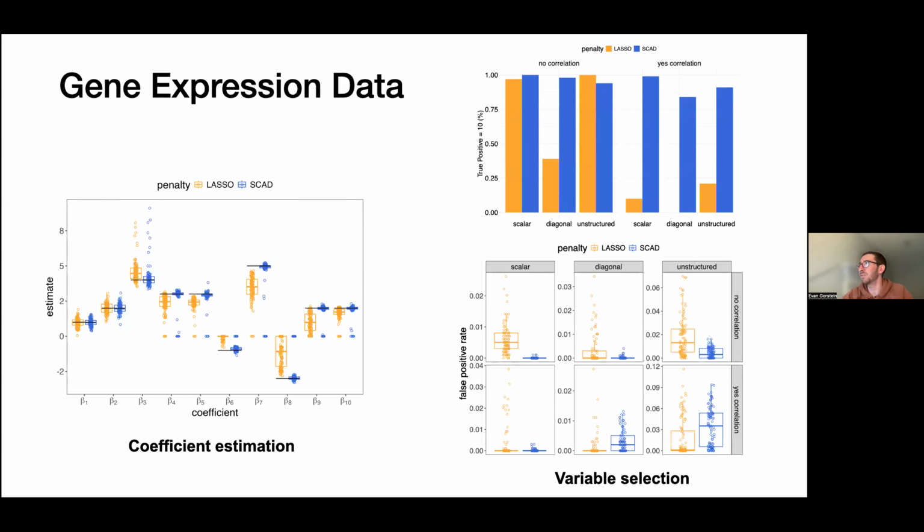For gene expression data, you can see that the SCAD penalty does way better than the lasso penalty at selecting variables and also estimating those variables. It's well known that the lasso penalty produces a downward bias on the estimates of non-zero coefficients, and we found that that was true as well in the context of mixed effects modeling.